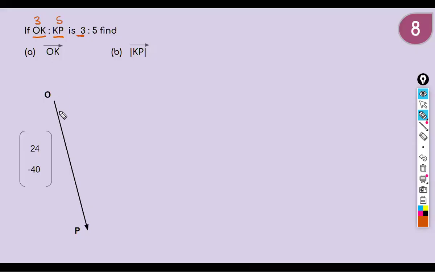So OK is slightly smaller than KP. To make it realistic, I would put the K not exactly in the middle, but slightly closer to O. I'll write it here: OK to KP. The examiner said the ratio is 3 to 5.